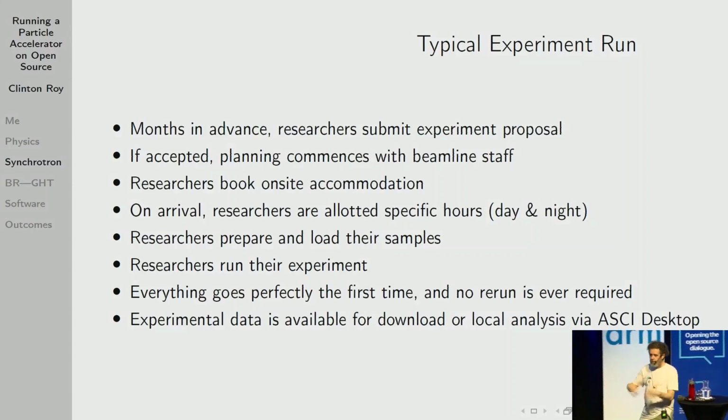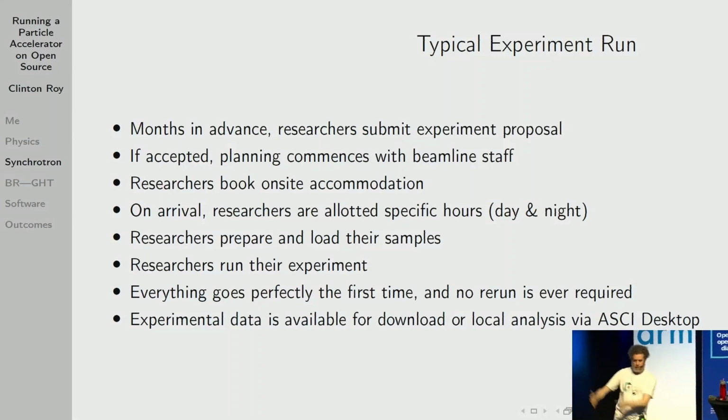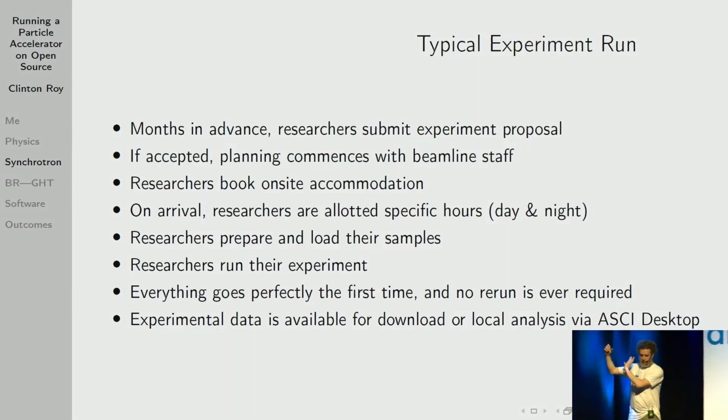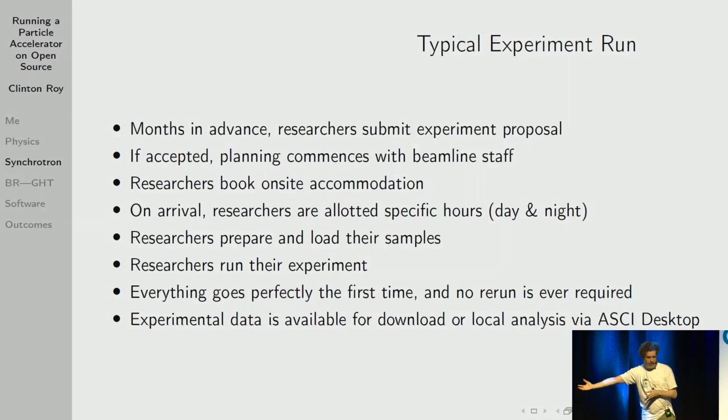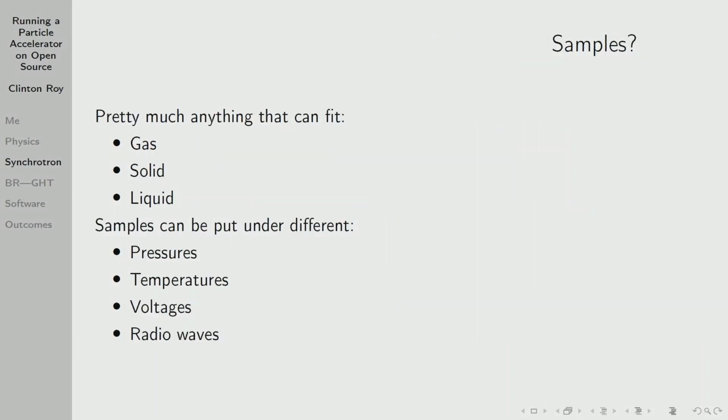As a software person, I'm responsible for writing the software that makes the hardware work, that makes the experiment run, that aggregates all of the data and then lets them analyze it and download the data later on.